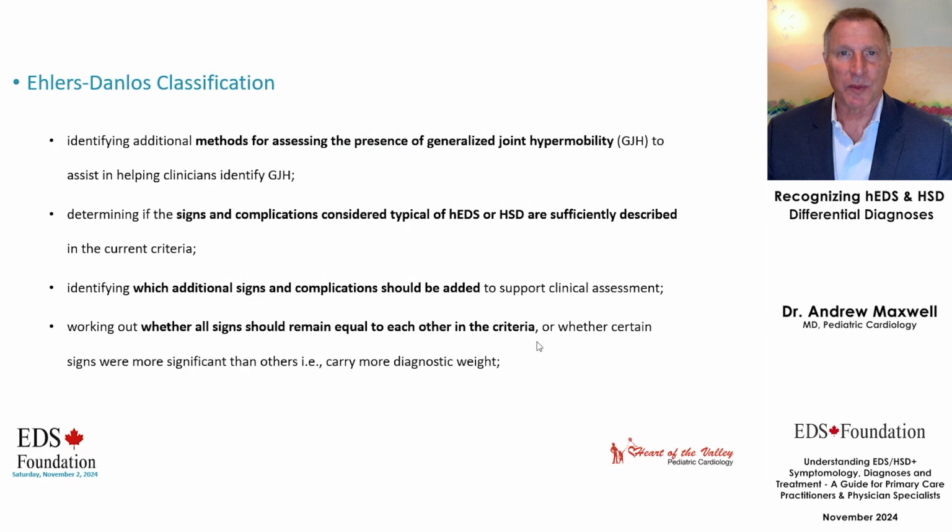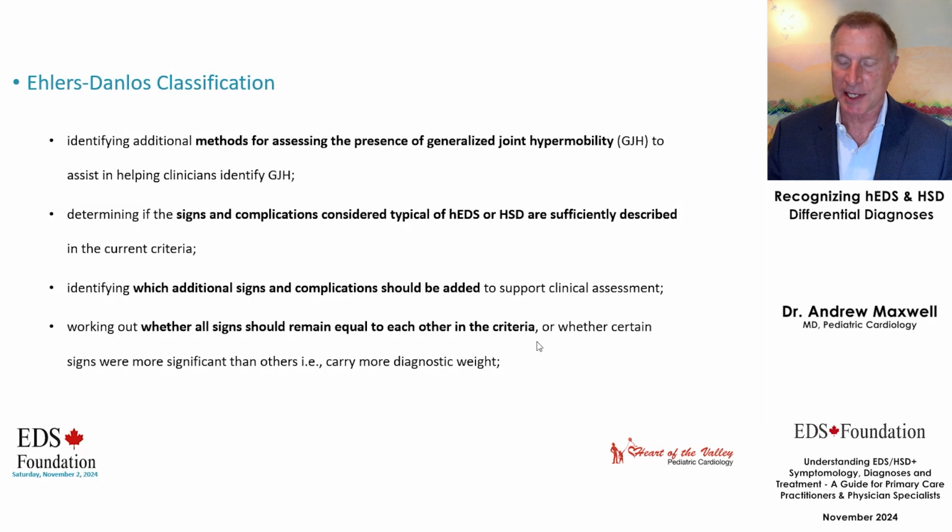That's still a work in progress, but what they have come to work with here is deciding that they need to discuss and identify methods for assessing the presence of generalized joint hypermobility that will allow a clinician to better identify generalized joint hypermobility, something beyond the Beighton score.